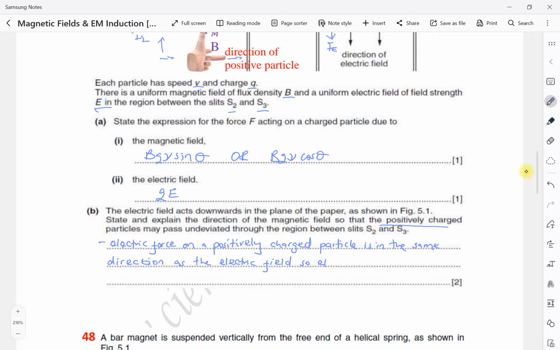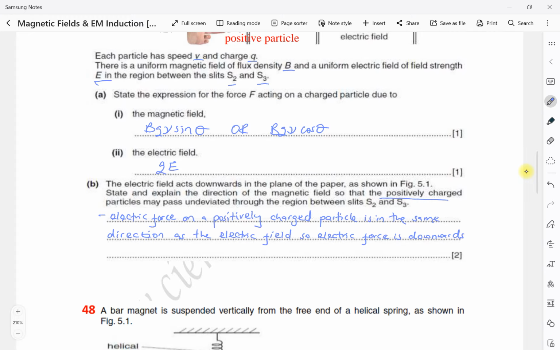So the electric force is downwards, or towards the bottom of the page.